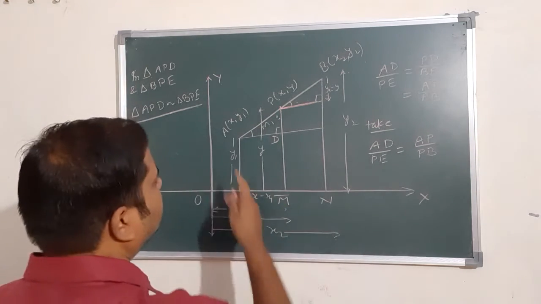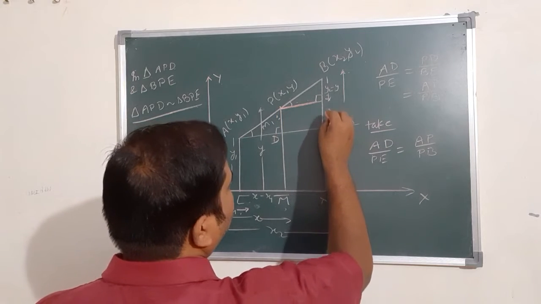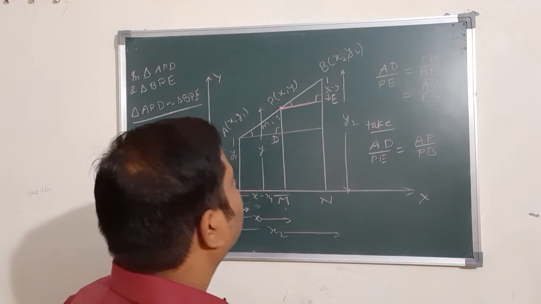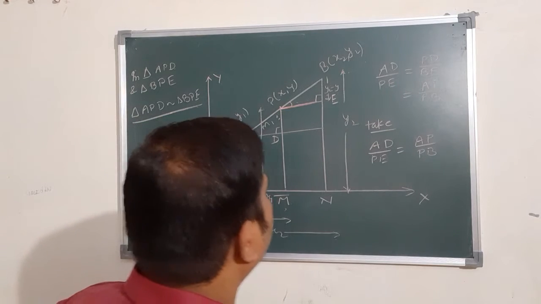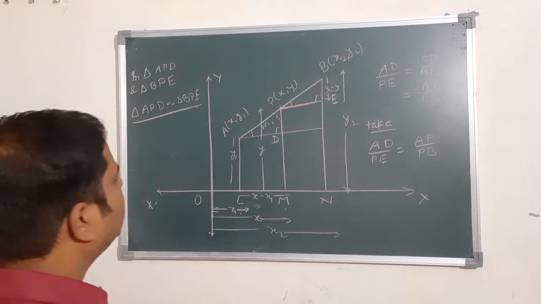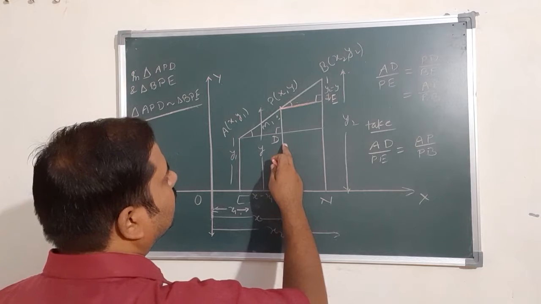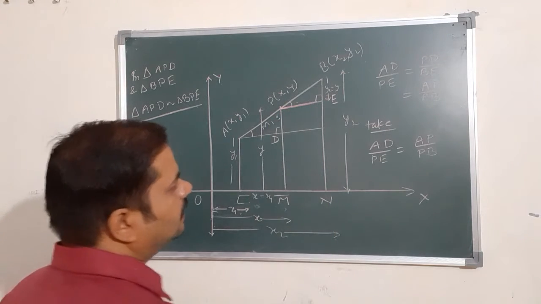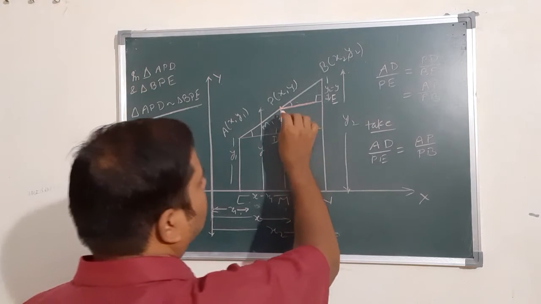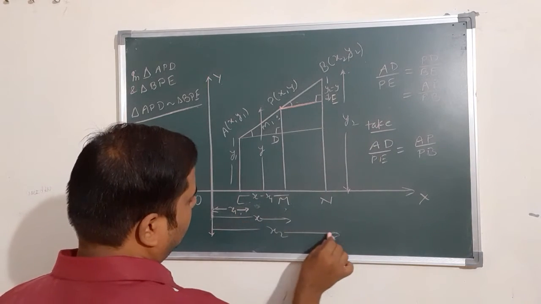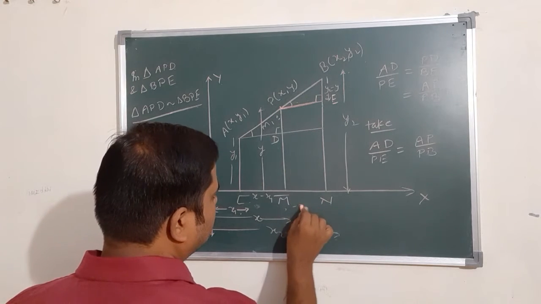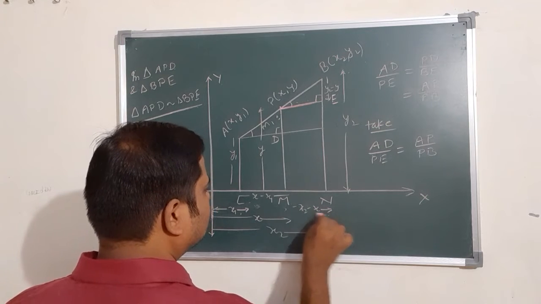So AP upon PB is equal to AD upon PE. AD is x minus x1 and PE, this whole is x2 and this is x, so this becomes x2 minus x.